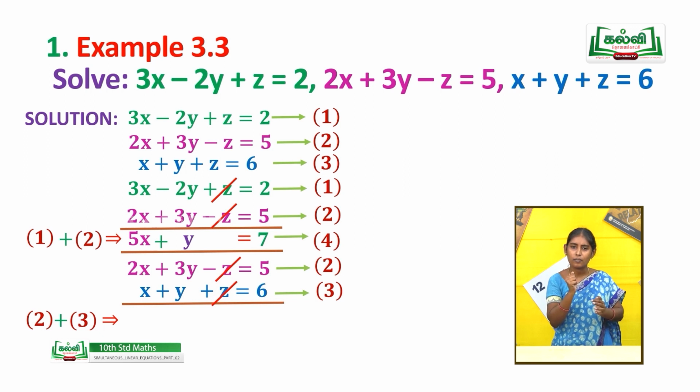That is the idea. So what I did, I selected the second equation because it contains minus z. Then I selected the third equation because that also contains plus z. Both coefficients of z are 1. Equation 2 contains minus z, equation 3 contains plus z. So by adding them, it can be cancelled.